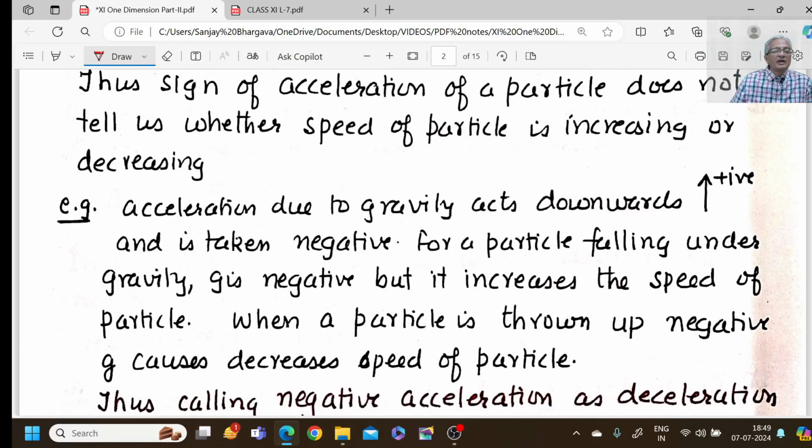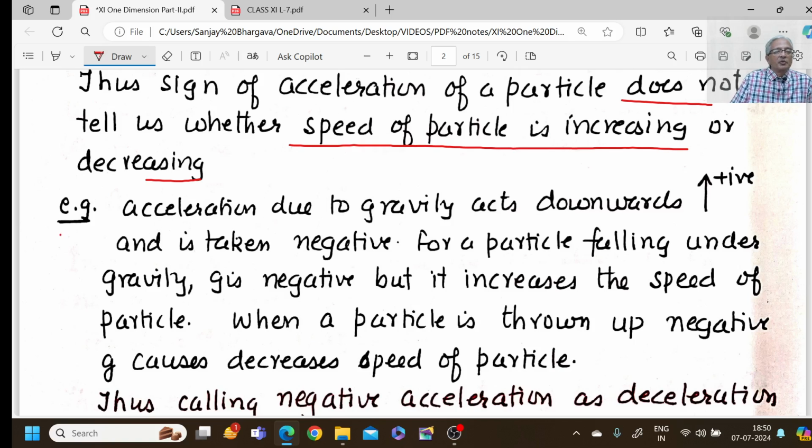Thus, the sign of acceleration of a particle does not tell us whether the speed of the particle is increasing or decreasing. A very important point to take care of: acceleration due to gravity acts in the downward direction, so we put a negative sign with it, but that sign does not tell us whether the speed is increasing or decreasing.